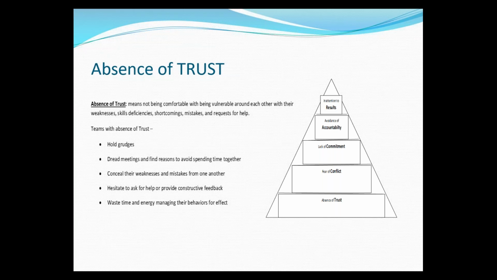People hesitate to ask for help, or don't know necessarily how to provide feedback, which is a whole other topic, a whole other webinar. We're going to talk a little bit about communication skills as part of this session. So the whole thing just becomes a complete waste of everybody's time and energy, because it's not productive.